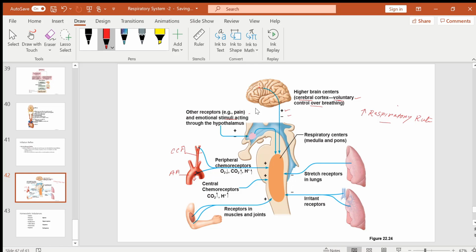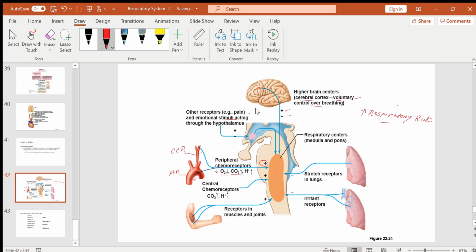So if oxygen pressure goes down and the carbon dioxide amount increases, these receptors are activated and they send a signal to the respiratory centers. You remember in the pons and medulla oblongata, you have the respiratory centers, which will be activated and that will increase the rate of respiration because the carbon dioxide is more and oxygen is less, so you need to breathe more, right? So to expel the carbon dioxide out and get more oxygen.